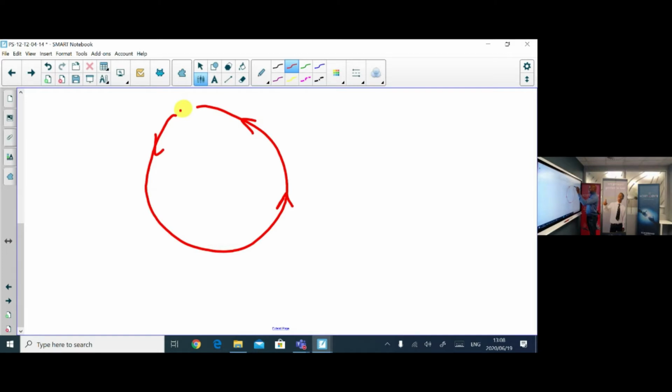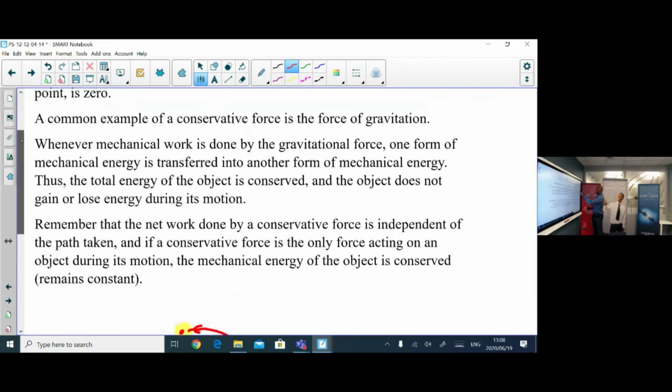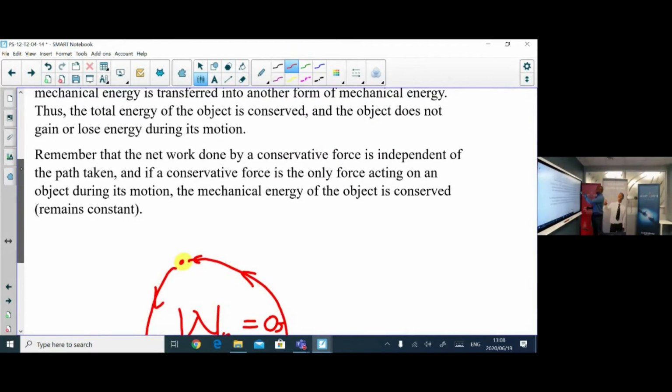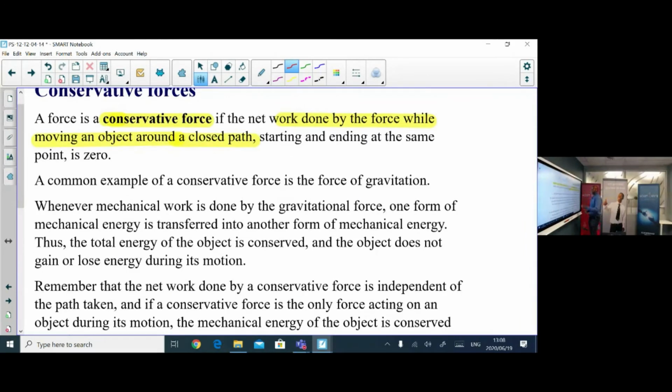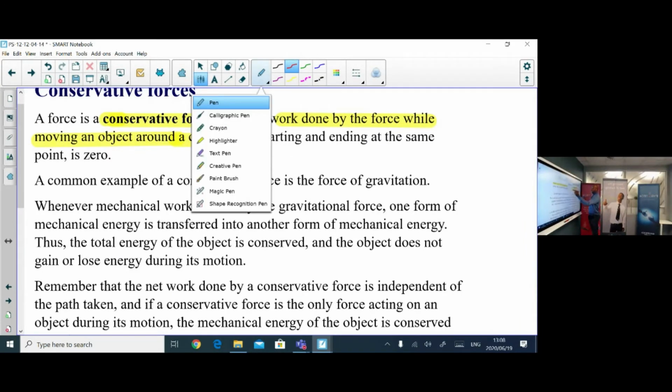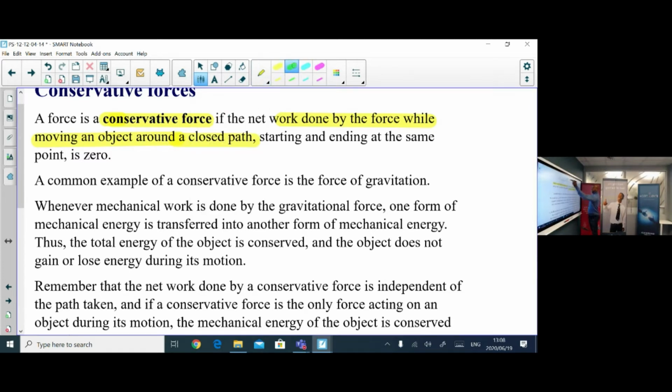Started here, this is the beginning of everything. Now you come here to the end. If you have this closed path, W net is equal to 0. That is 0 joules. Don't forget, the moment you have this, you must know that you don't have a waste of energy. In other words, the energy has been conserved. That is the closed path.